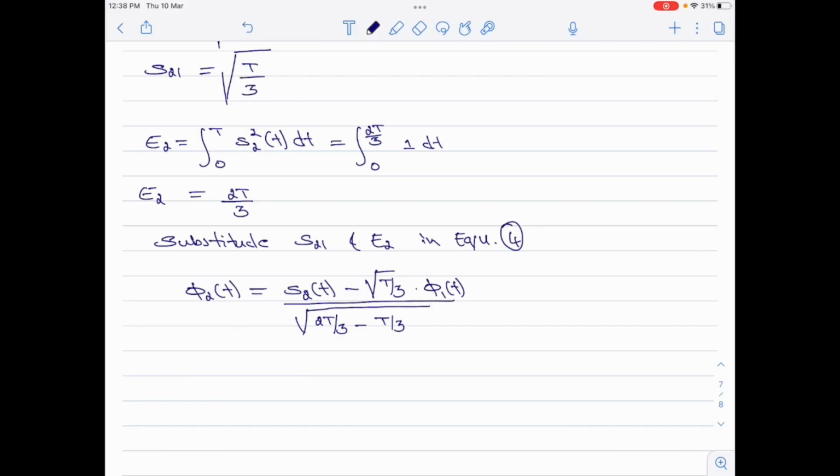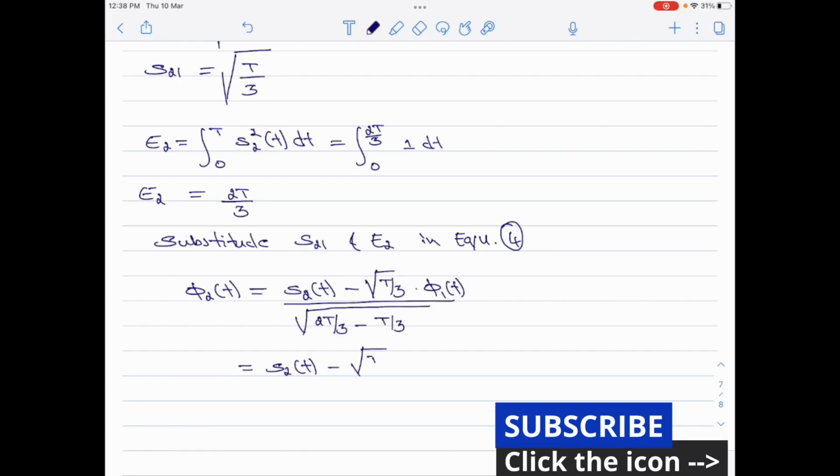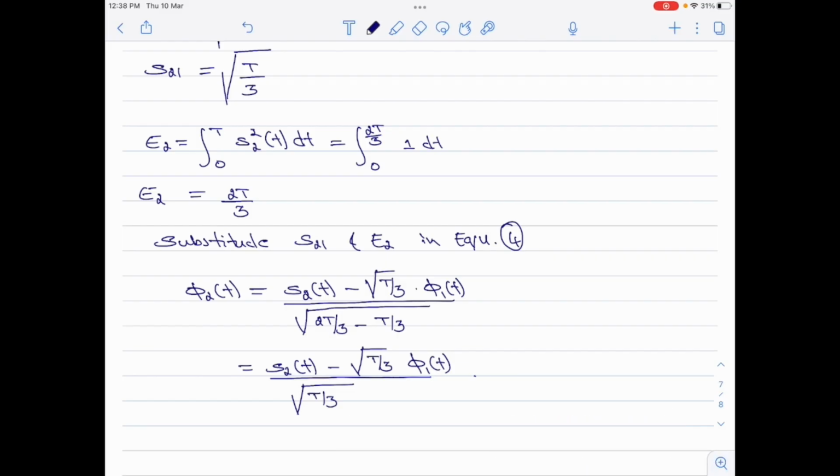So, this simplifies to, let me call this equation 5.